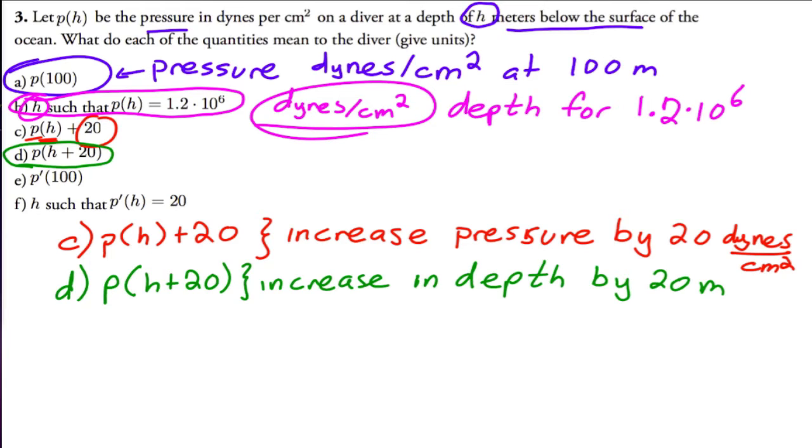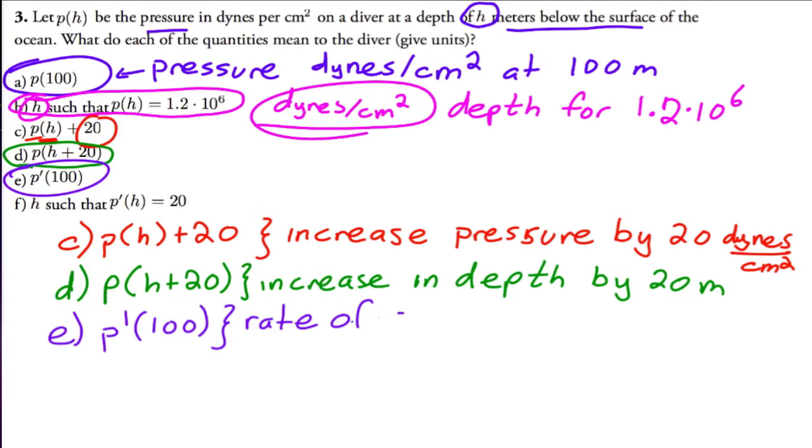Okay, now on to the derivative interpretation. P prime of 100. This is going to be the instantaneous rate of change at a depth of 100 meters.